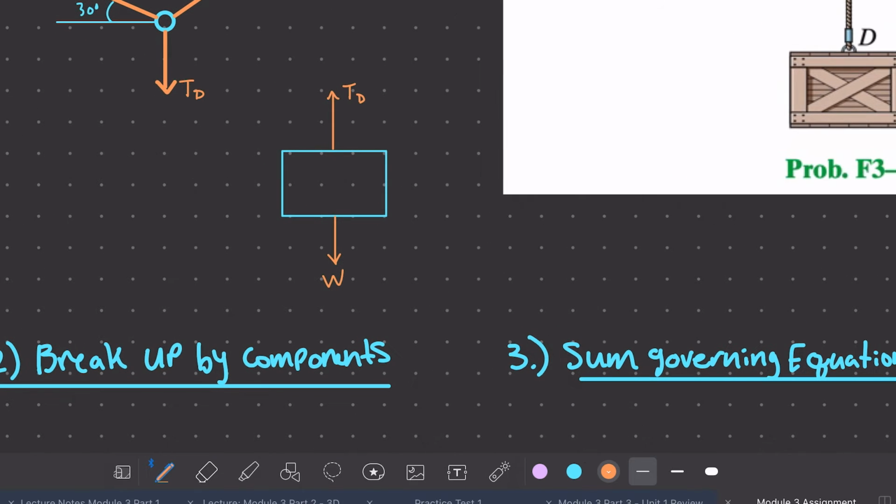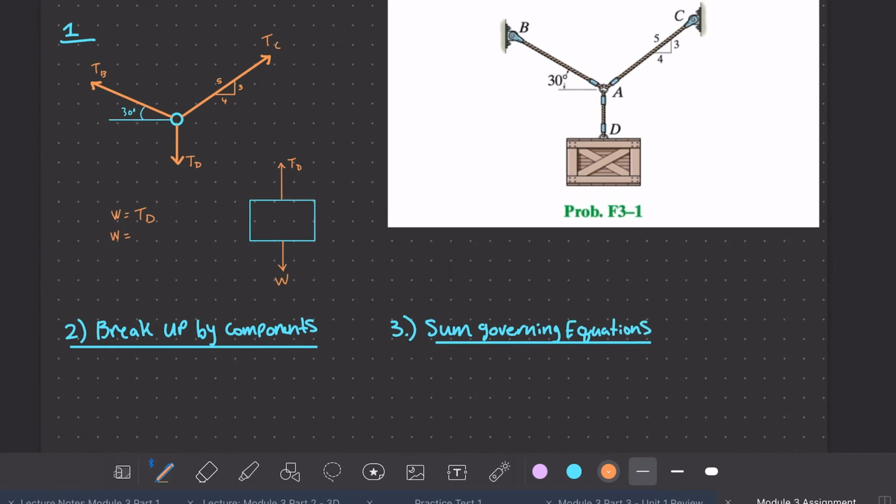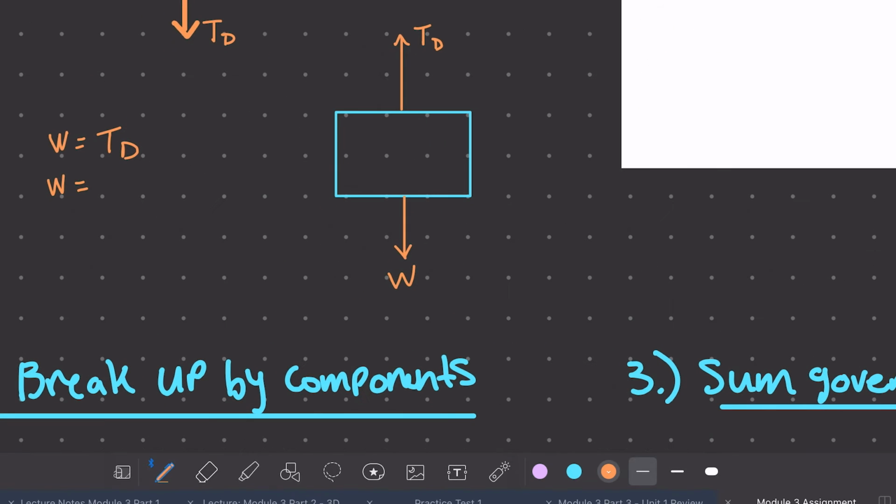And since we do have that weight already, we can go ahead and note the similarities between TD and W, in that W is equal to TD. W is equal to 550 pounds. So that means that TD is equal to 550 pounds.